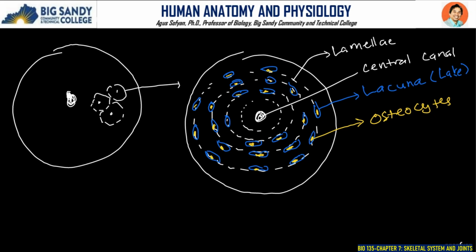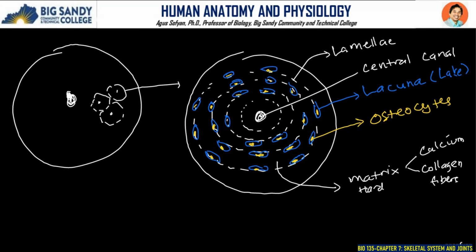The middle part, all of this, is a matrix that consists of calcium mineral as a ground substance and collagen fiber. So this matrix will be hard and strong. The hardness is coming from the calcium, and the strength is coming from the collagen fiber.